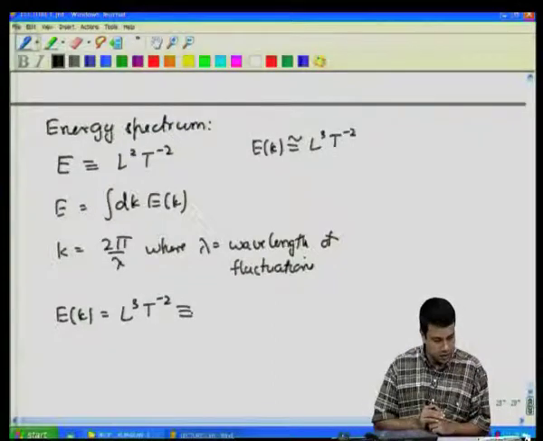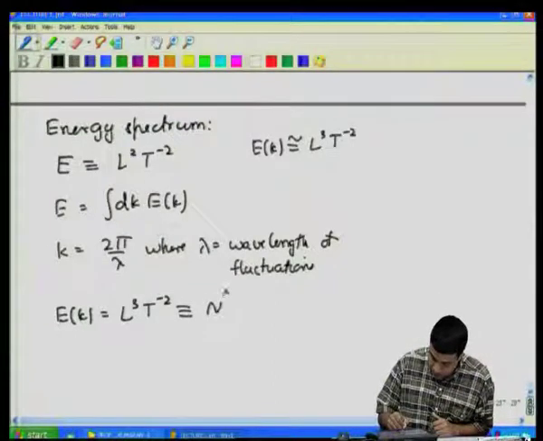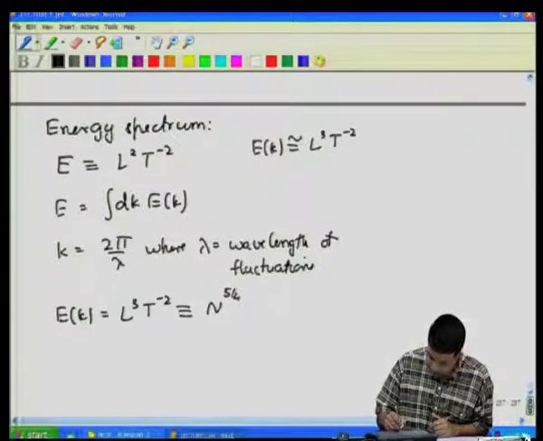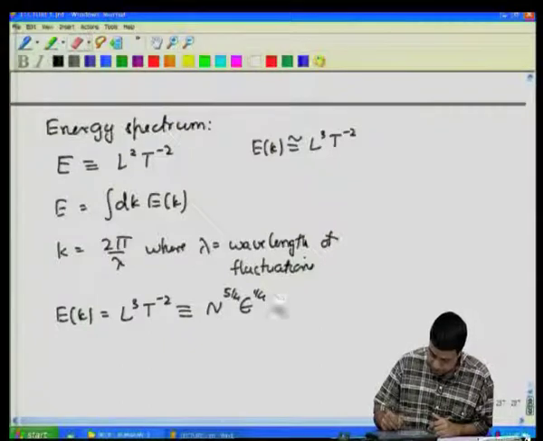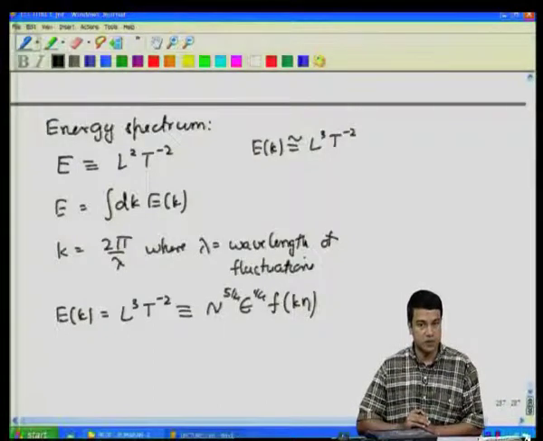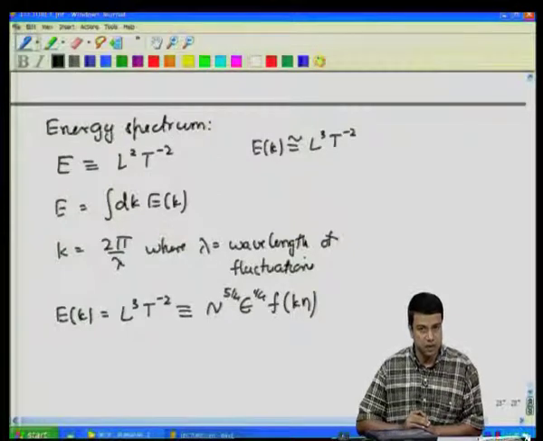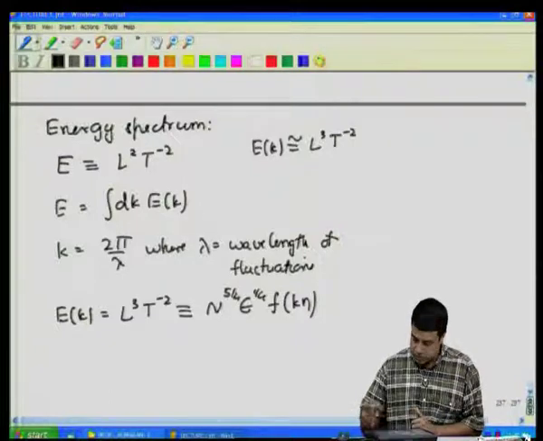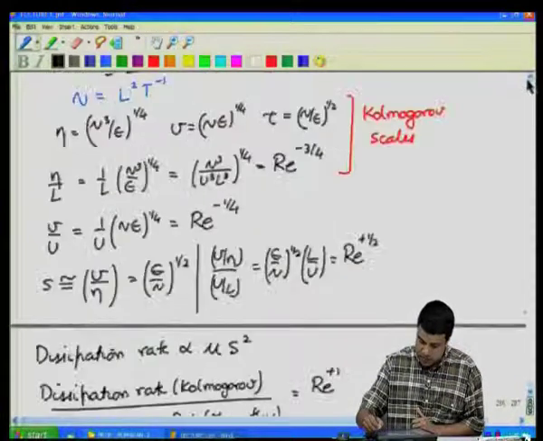This will go as nu power 5 by 4 epsilon power 1/4 times some function of k times eta. So, that is how you would expect the scaling to be at the smallest Kolmogorov scales, because the energy spectrum cannot depend upon u and L, it has to depend only upon nu and eta. That is at the smallest scales, which corresponds to the largest value of k.